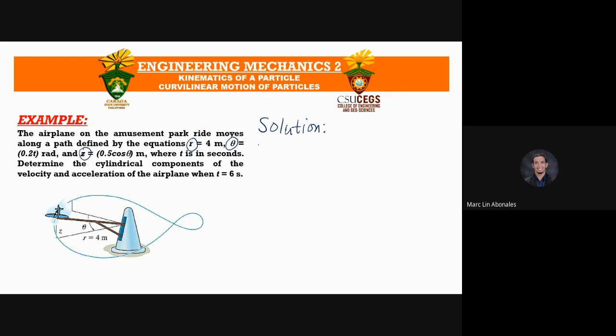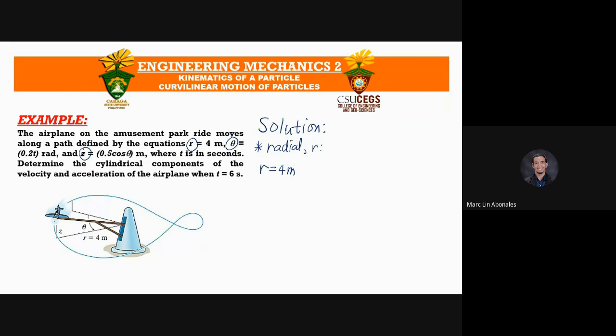So, first we do the radial, that is the r. So, the equation is 4 meters, or r is equal to 4. Since it is just 4, by the equation, r is equal to 4.